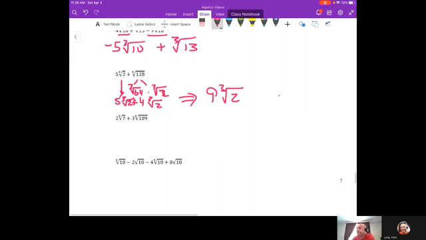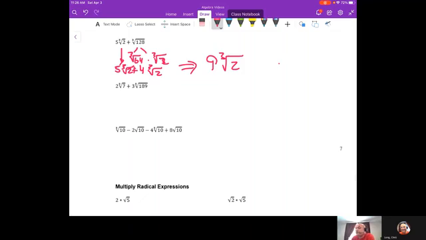Okay, and then in this next one, we should recognize that the cube root of 189 will simplify to, well, we still have the 3 there, 3 times the cube root of 27 times the cube root of 7.